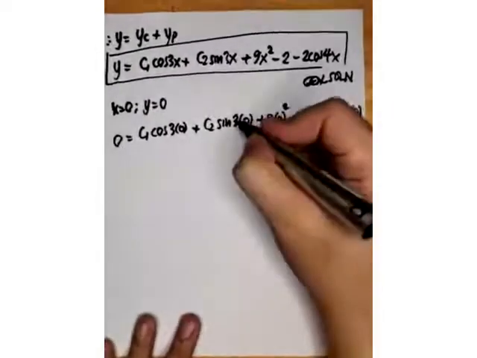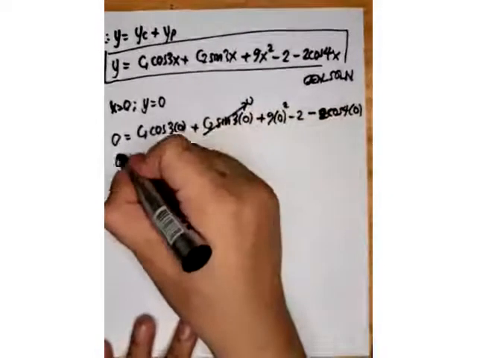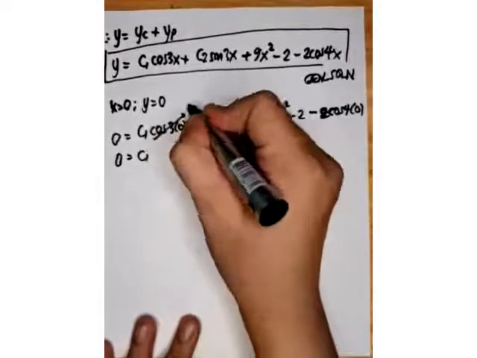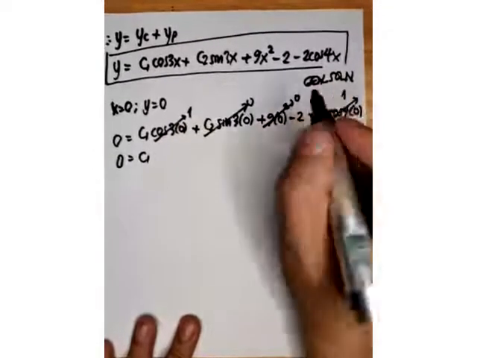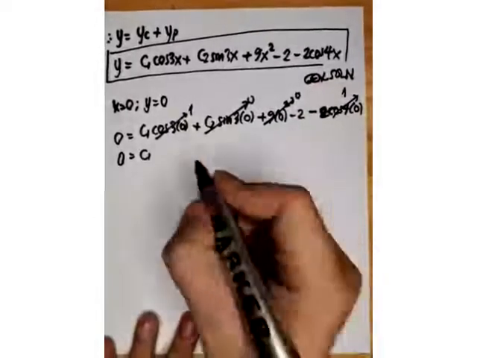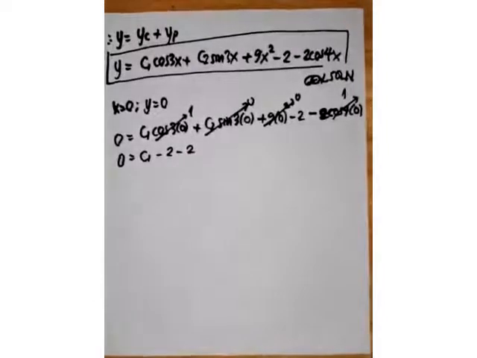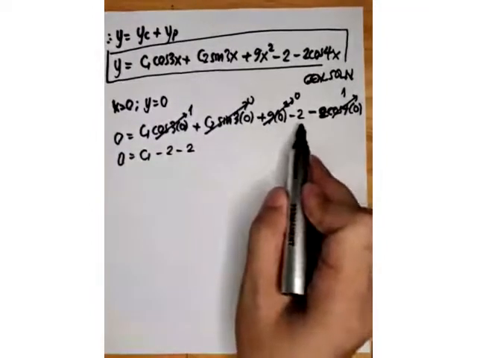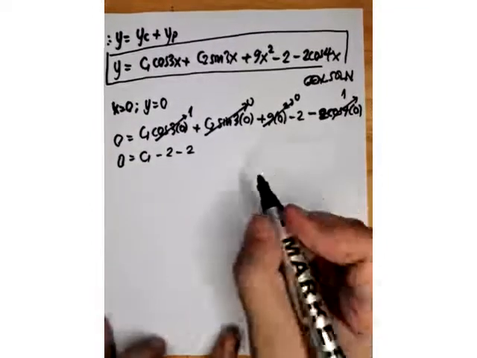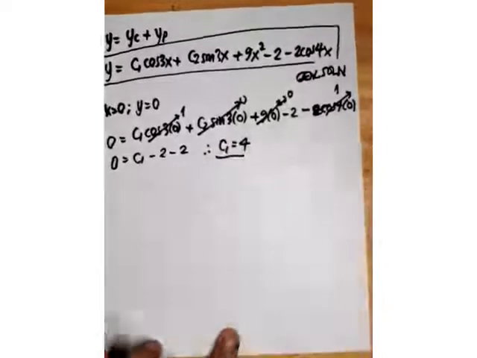Ayan. So sine 0 is 0 and cosine 0 is 1. So we have C1 minus 2 minus 2. Tama ba ako? Negative 2 minus 2. Ayan. So therefore, C1 is equal to 4.